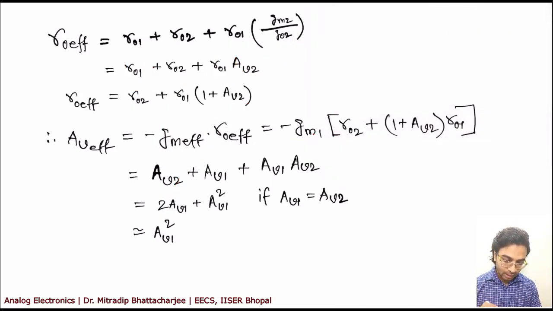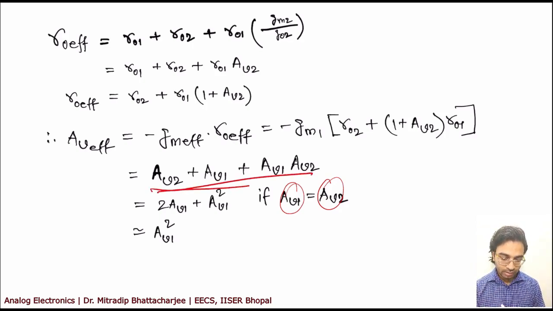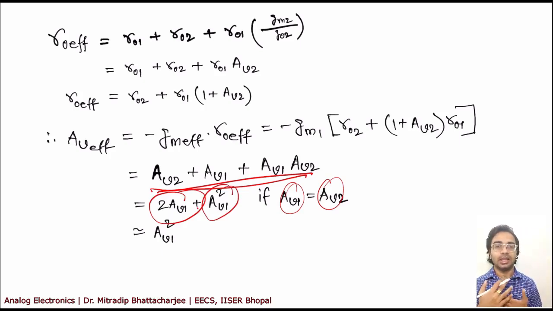Now again, if both the transistors are identical, you will find the individual gains are also same. So you consider AV1 is equal to AV2. Replace AV1 is equal to AV2 here. You will find 2AV plus AV1 whole square. Generally the AV1 values are high, so you can consider it's more or less equal to AV1 whole square, right?